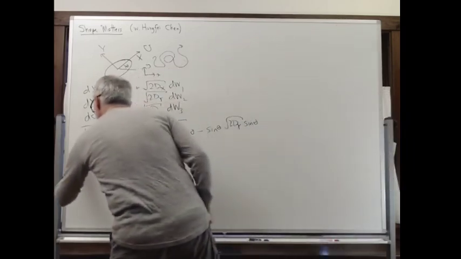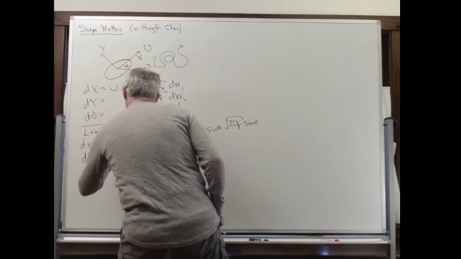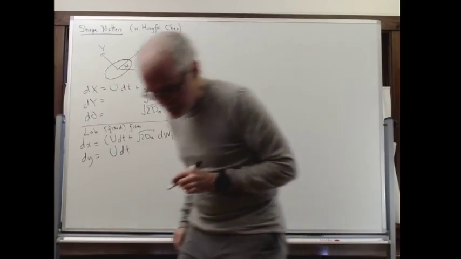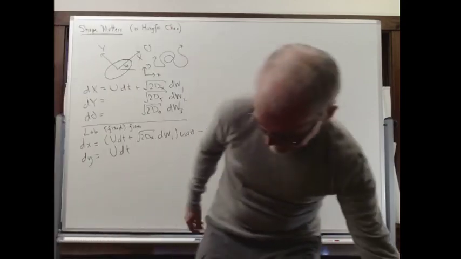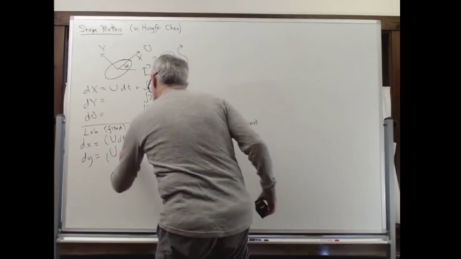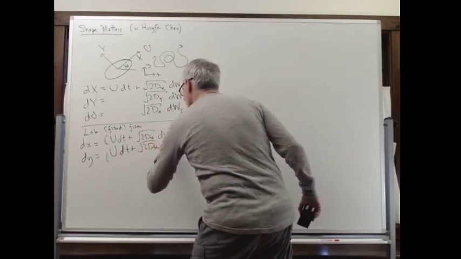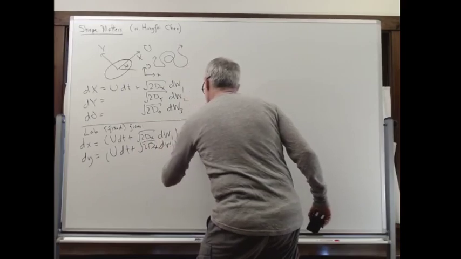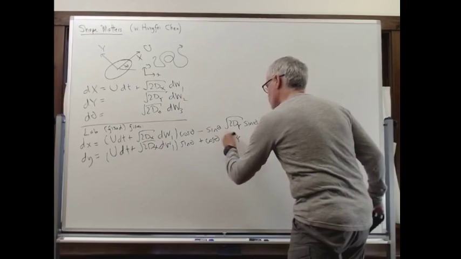And again you get a similar equation for y, which would be u sine theta dt plus root 2 D_x dW1 sine theta plus cosine theta root 2 D_y dW2.